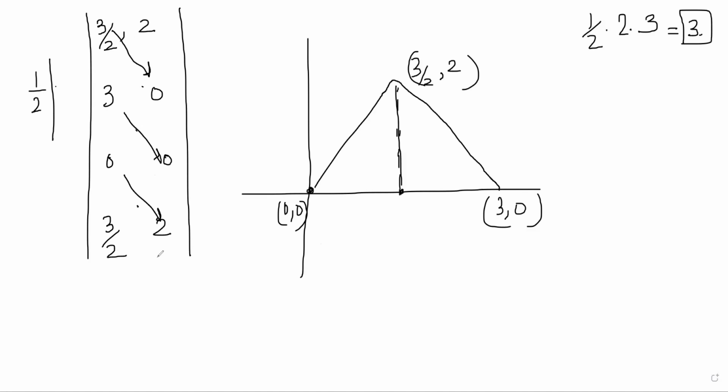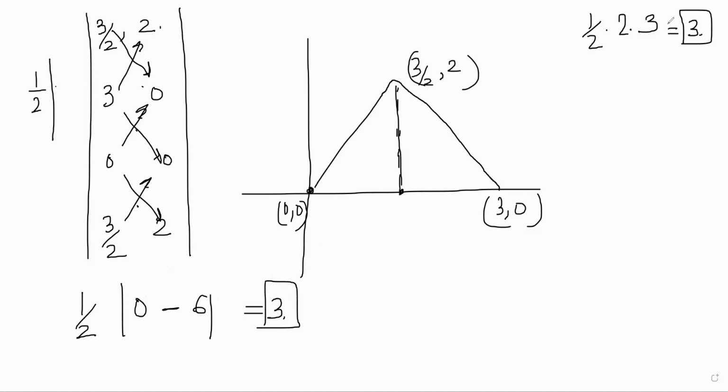So it is 0, and then you subtract this and this and this, right? So you have to subtract this 3 into 2, 6, right? Everything else is 0. So it is just mod of half of this, right? So it is 3, which is what we got here also, right? So you can pick any vertex, start with it, write down the 3 vertices, then repeat the first one again, and then do this shoelace sort of 3 additions and 3 subtractions.